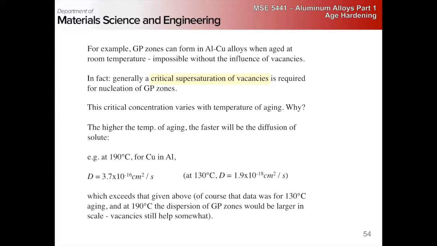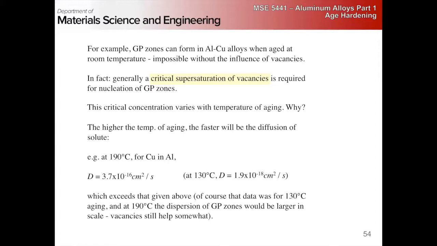And the amount of supersaturation that we need is going to be dependent on the aging temperature. So if we age at 190, I've got to be careful about how I say this.